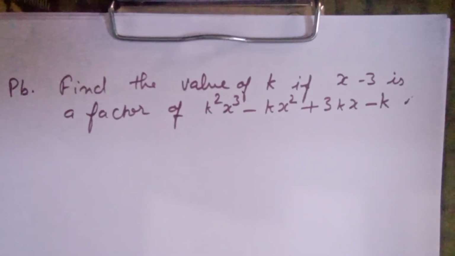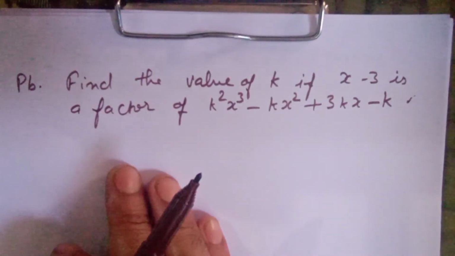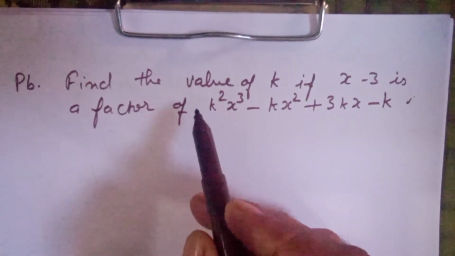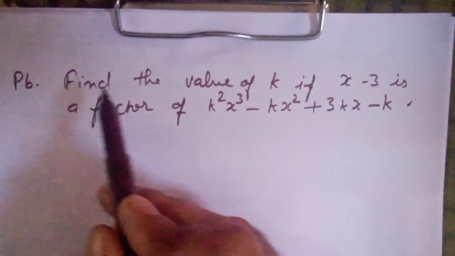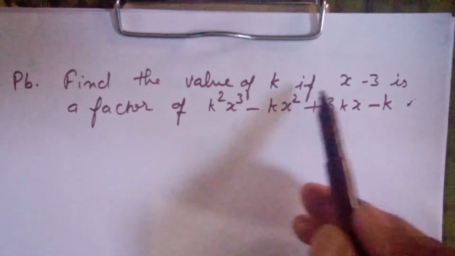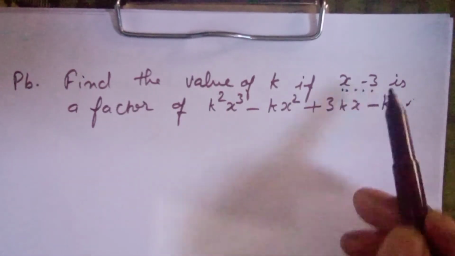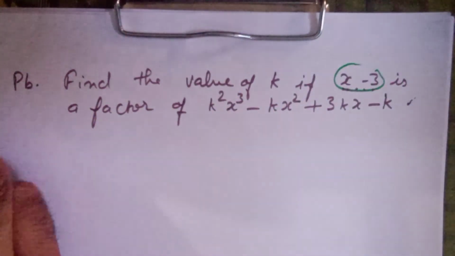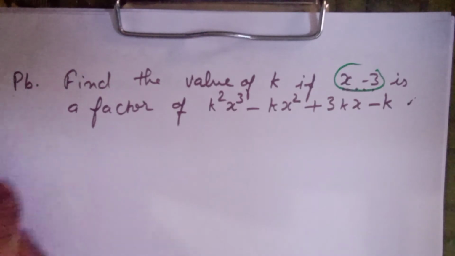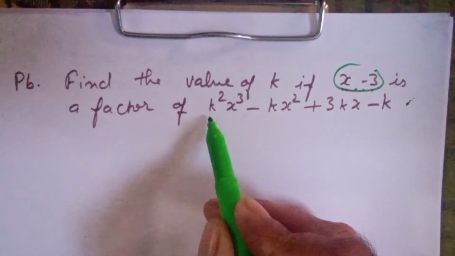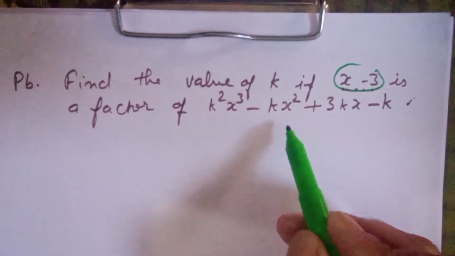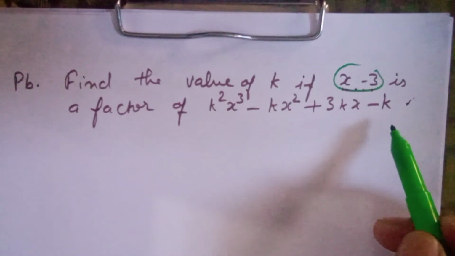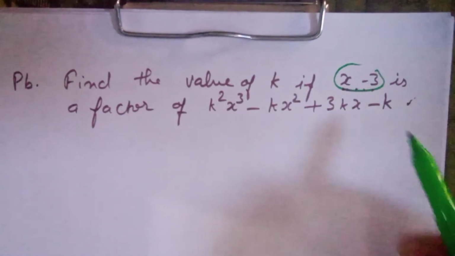So let us now come to the next type. Here what are you seeing? The problem is: find the value of k if x minus 3 is a factor of k square x cube minus kx square plus 3kx minus k.